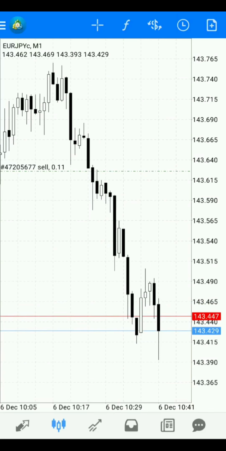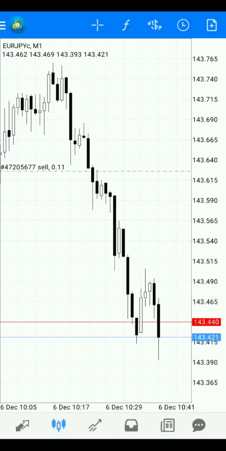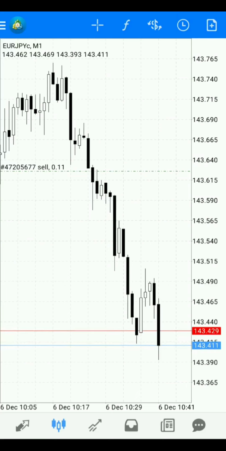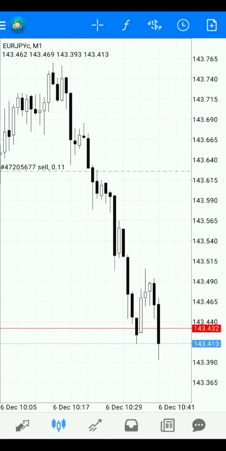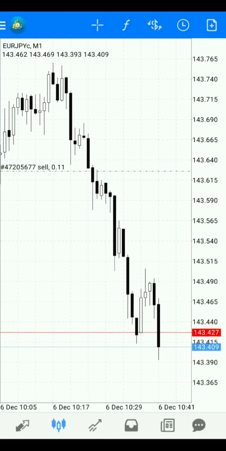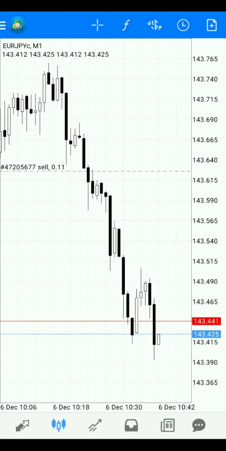Now what is the next rule? You have a change of character on a smaller time frame, and then you want to have your entry at the extreme fair value gap or block. You do not want to use the first fair value gap or the second, you want to use the extreme, the highest one.